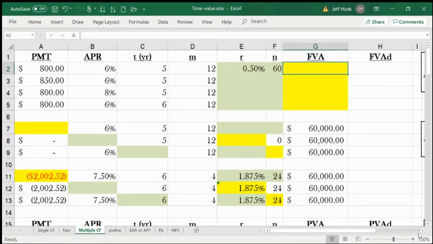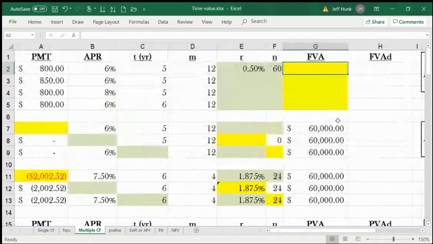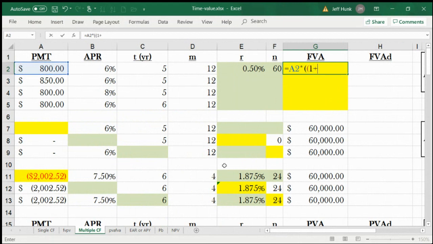Now, future value of annuity, we know the formula. We did that. So all you need to do is payment, or deposit, times open parenthesis, 1 plus R to the n minus 1, close parenthesis, and divided by R. Hit enter.